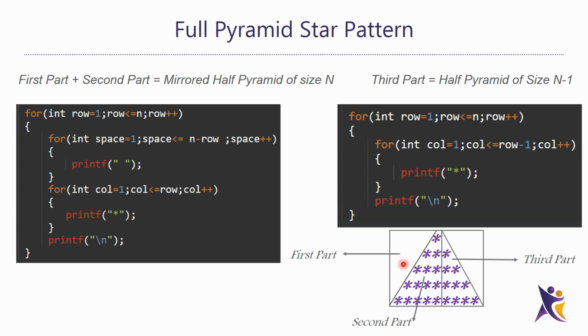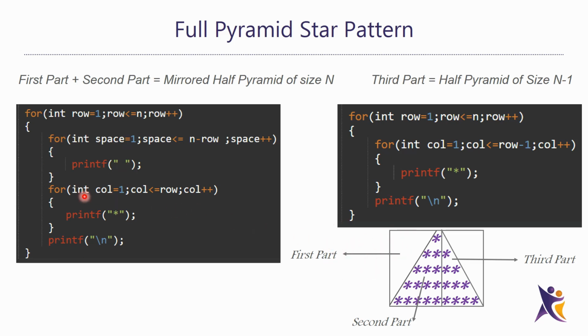If you see the shape, first we have to print the first part, then a second part, and finally a third part. The outer loop is to print all the rows. The first inner loop is used to print the spaces, which is nothing but the first part.